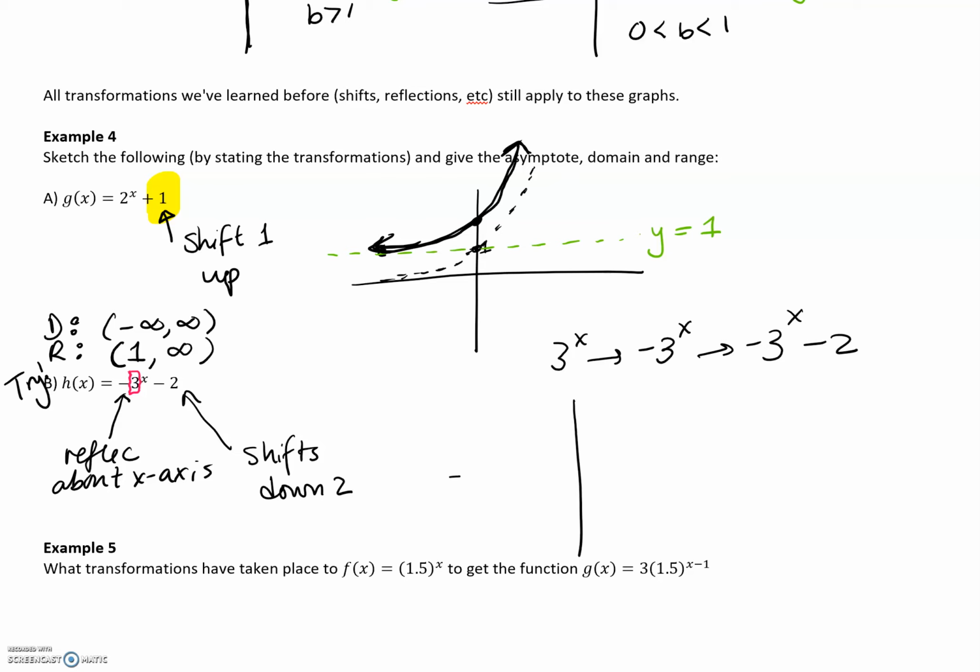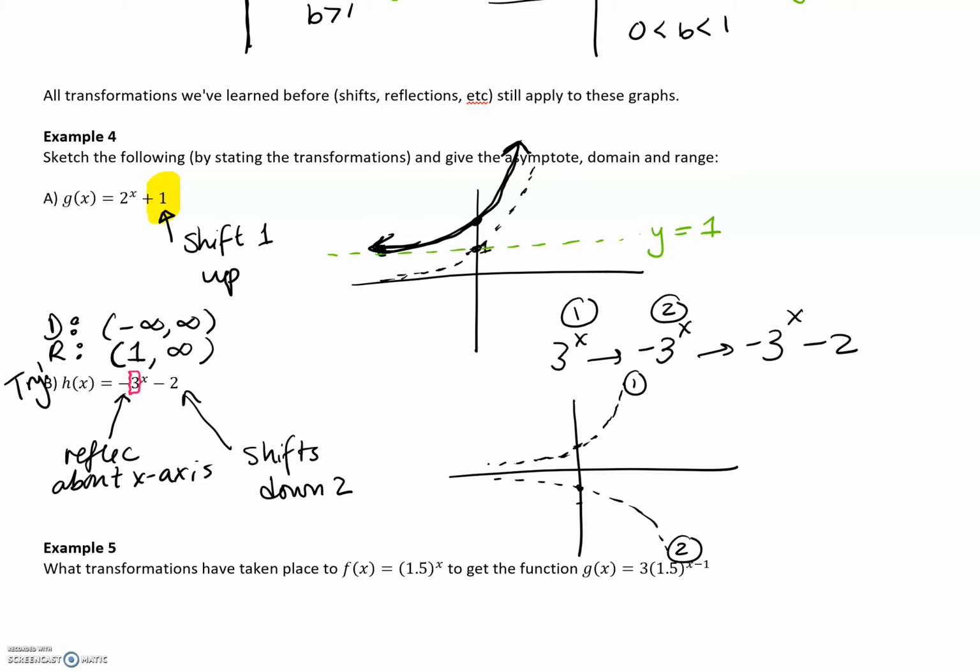So if I do a quick sketch of that, 3 to the x again is a growth, so it started off going through (0, 1) like this, like my basic function. And then it got reflected about the x-axis, so I'll bring it down like that. So I'll say 1 was my original, 2 is my reflection. And then from there, it also went down 2 units.